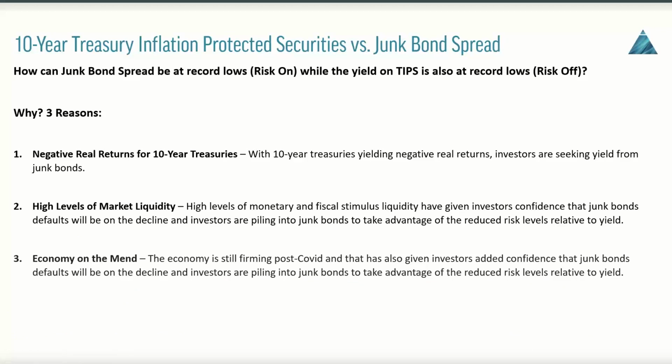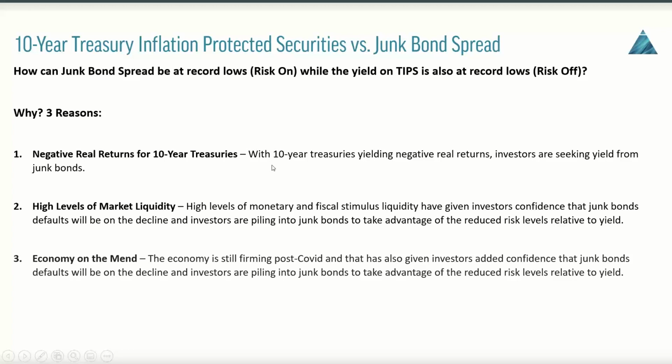So the question at this point, when you're analyzing these spreads in isolation, is you ask yourself, how can these junk bond spreads be at record lows, again, risk-on, while the TIPS yields are also at record lows, and that's risk-off, right? There's three reasons for this. We've got negative real returns for 10-year Treasuries.